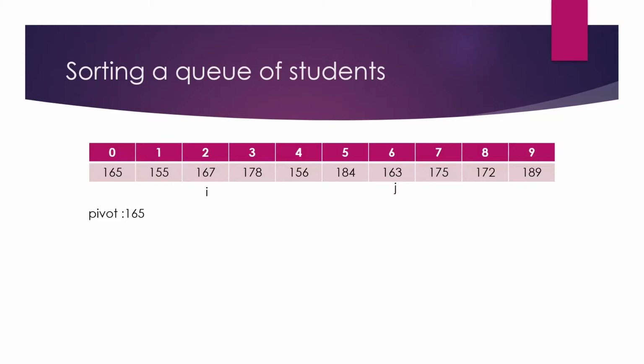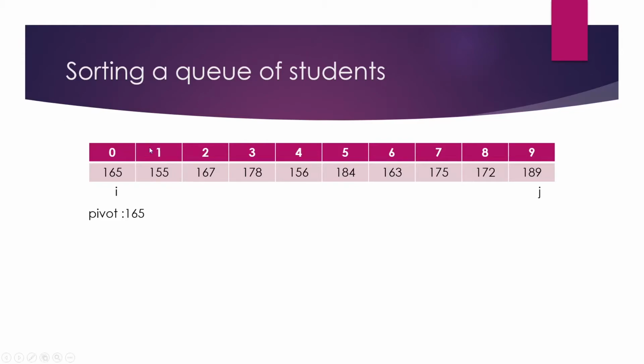In this example, I will start at the beginning of the array, while J will start at the end of the array. As I mentioned earlier, increment I until it finds an element greater than the pivot. We will compare the pivot and number I, the number 1, sorry. But remember that I will be incremented until it finds an element that is bigger than the pivot itself.